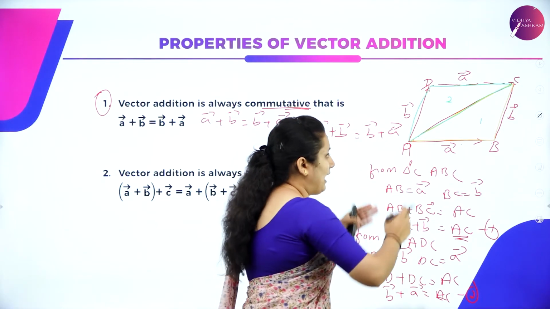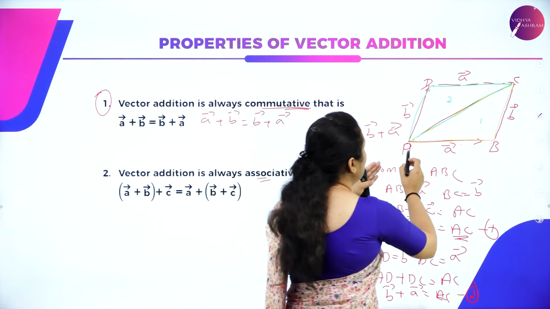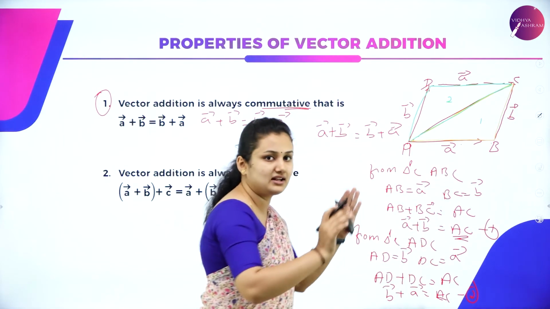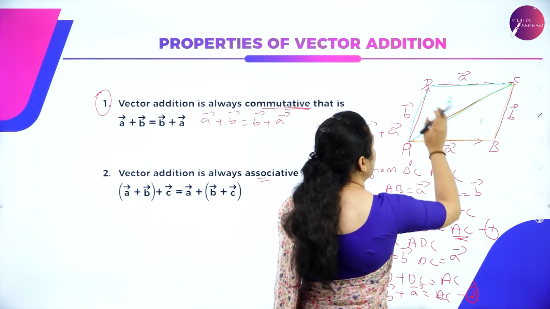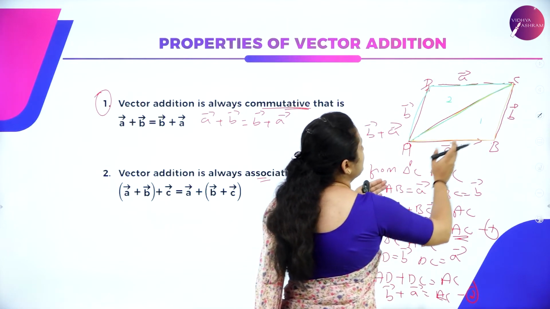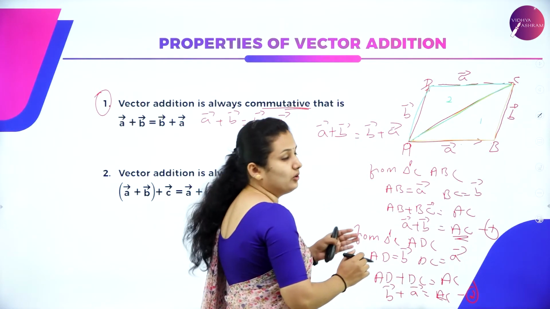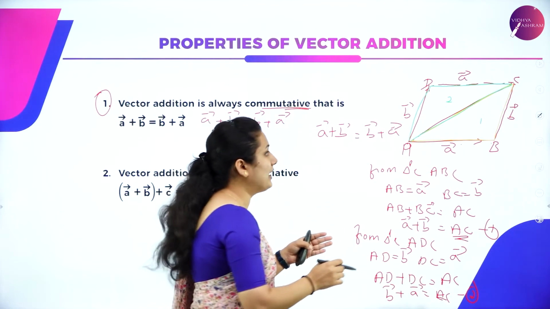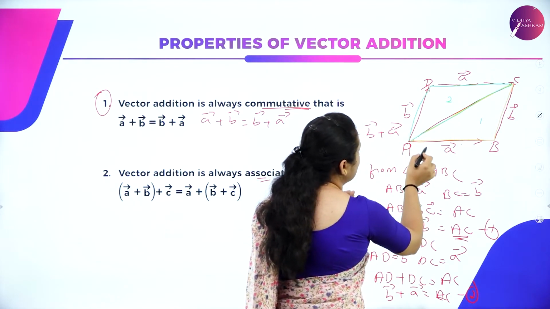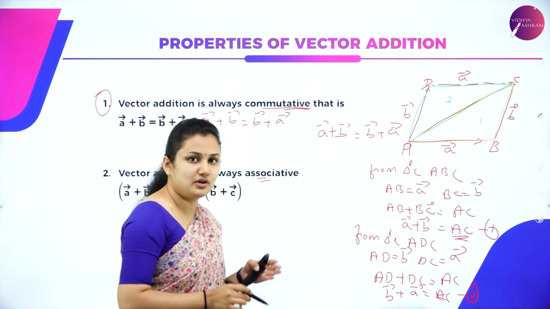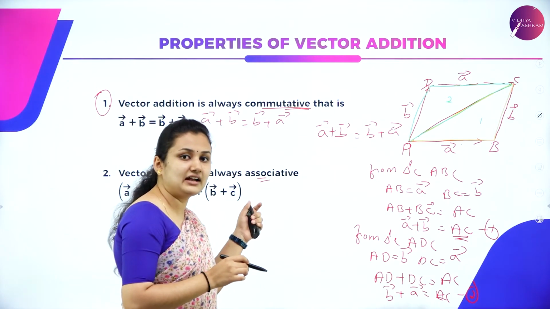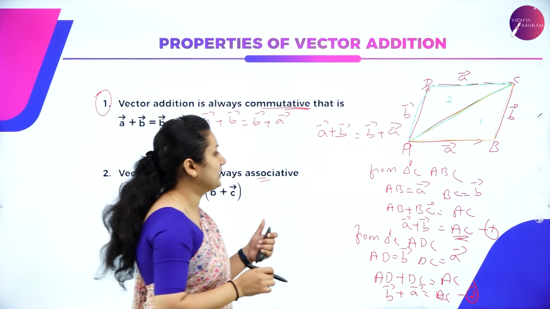Consider a parallelogram. You can see the parallelogram has two parallel sides. AB is parallel to DC. AD is parallel to BC. So a resultant is given by a diagonal passing from two adjacent sides in case of parallelogram. We studied that in the parallelogram law of vector addition.